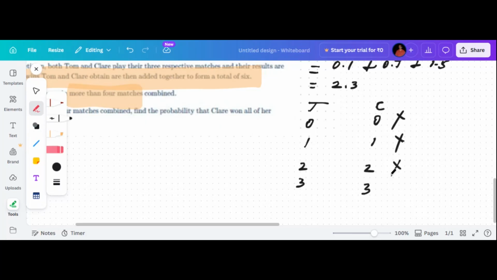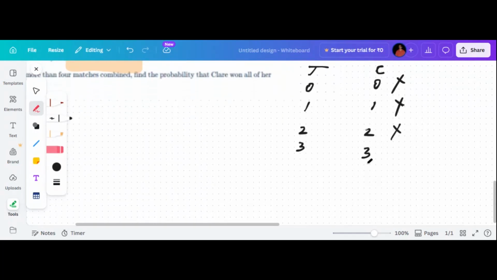There are only two possibilities: the total can be 5 or 6. The maximum total is 6, it cannot be more than 6. 3 plus 3 is 6.